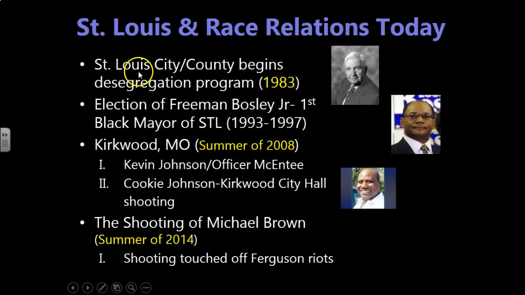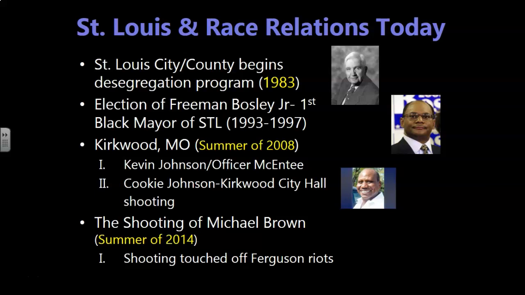Some other key events: in 1983, St. Louis City and County are ordered to desegregate their education program. This is where we start busing out city students to the counties. Parkway is still continuing to do this today in 2020, although they are just basically allowing the families that are in the system to continue.